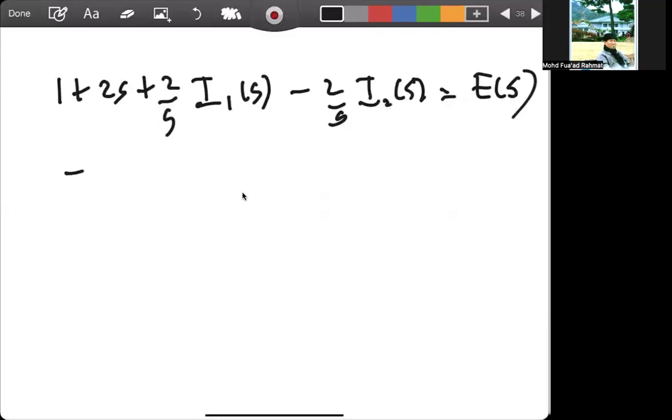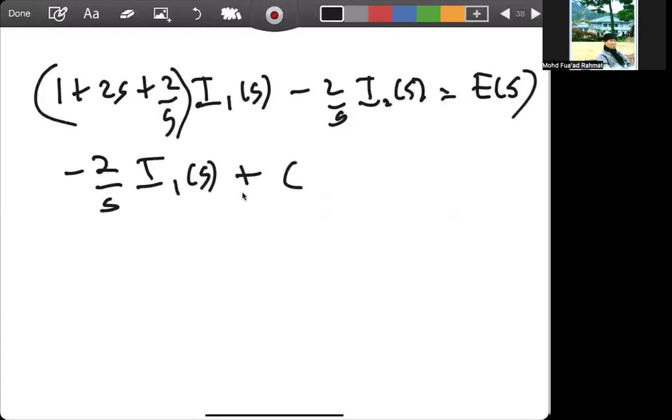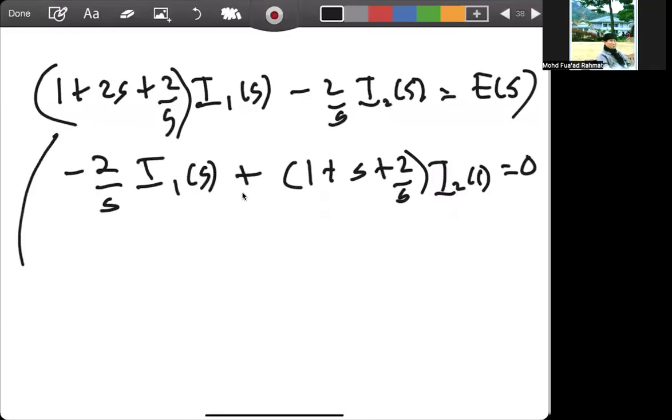Then the second loop will be minus 2 over S I1S plus, this one is bracket, I2S equal to 0. Okay, so this one is loop 1, and this one is loop 2.